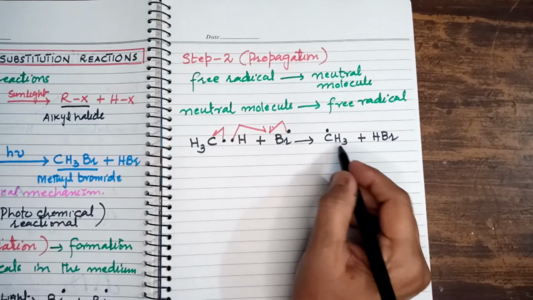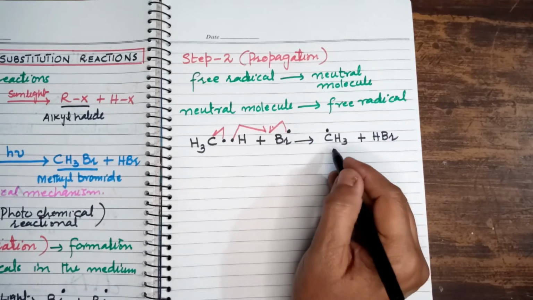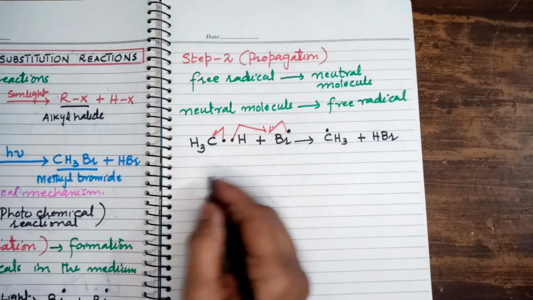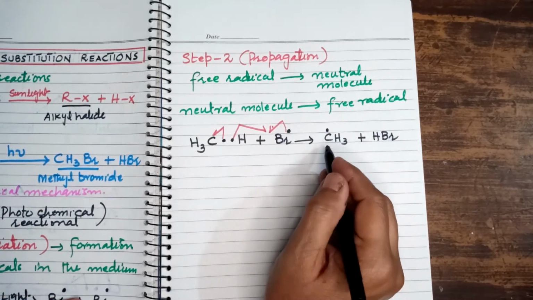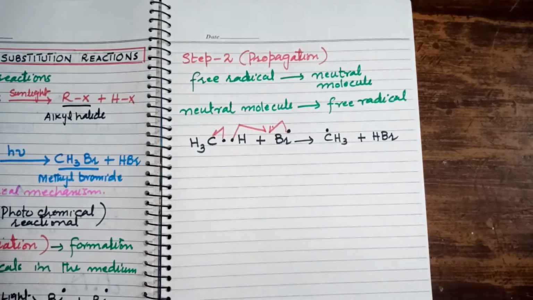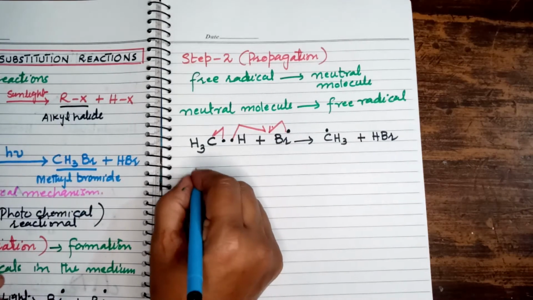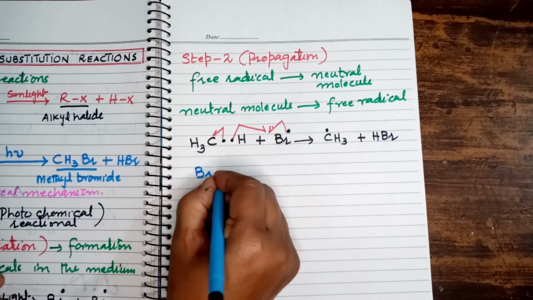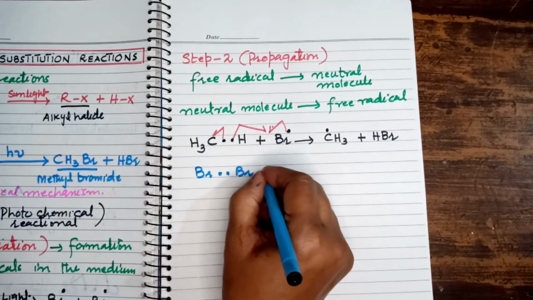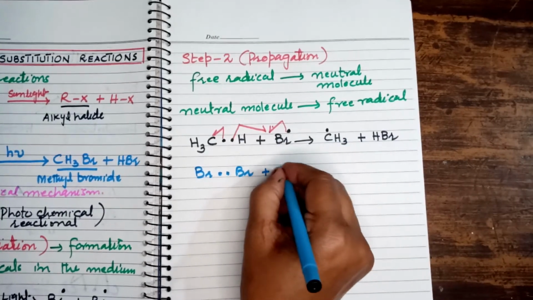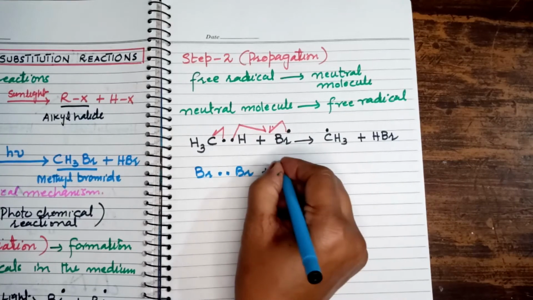Now in the next step, again we have a neutral molecule as well as a free radical. Now students, what neutral molecule is involved in the next step? Here we have a bromine molecule, Br2, and here we have a methyl free radical.